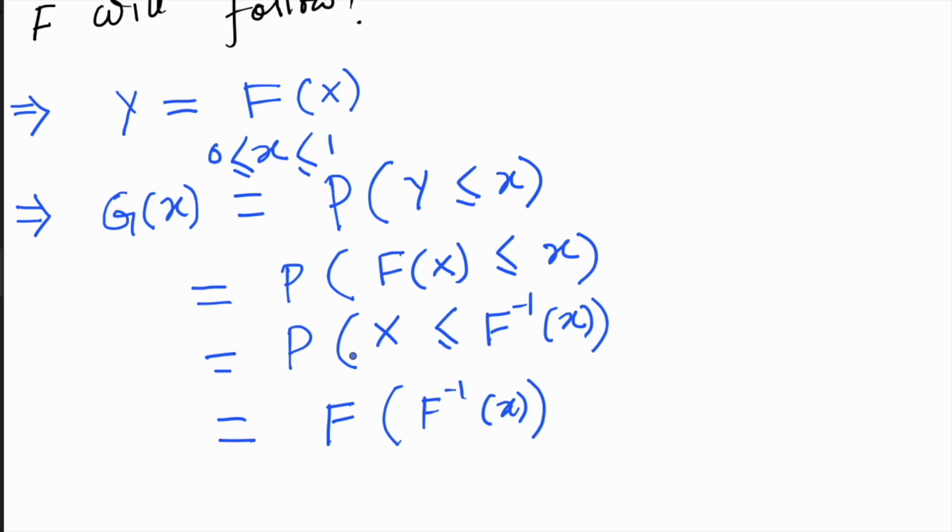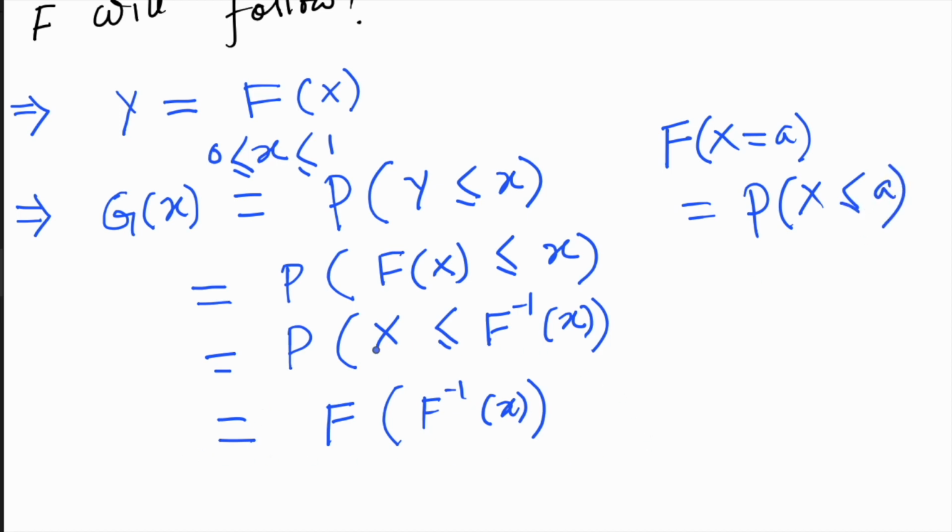The CDF of the random variable capital X is nothing but F, and this is the probability that capital X is less than or equal to F inverse x. The CDF F(a) is the probability that X is less than or equal to a. So this means the cumulative function at the value F inverse x, and we know that F of F inverse x is nothing but small x.